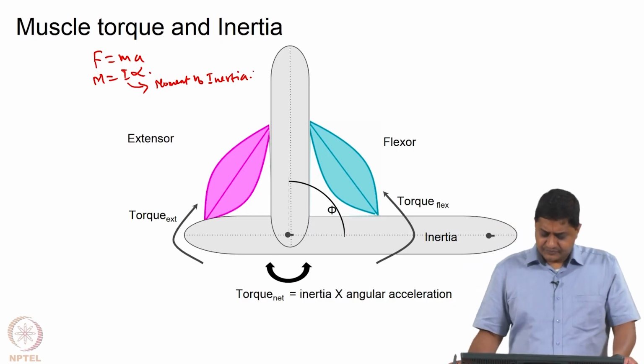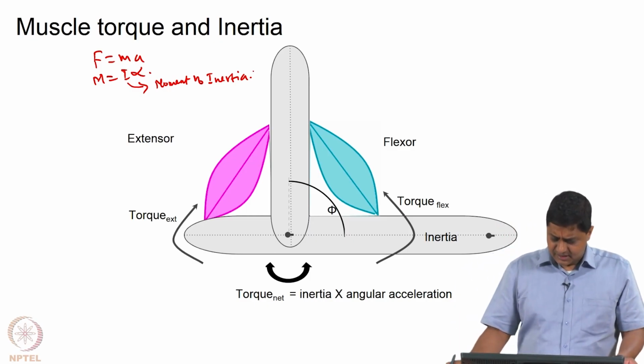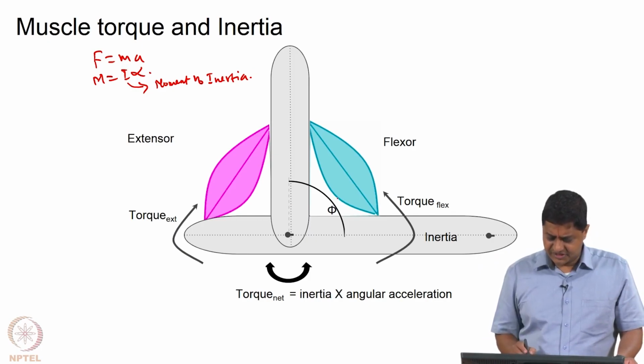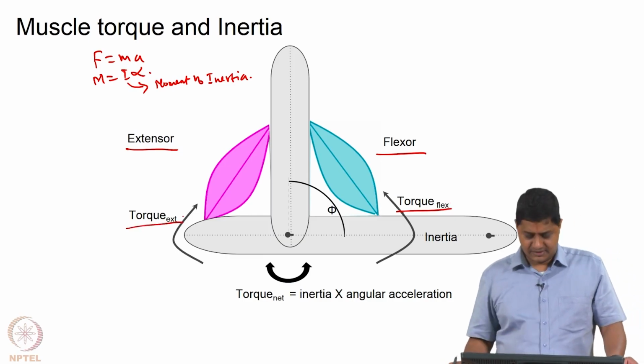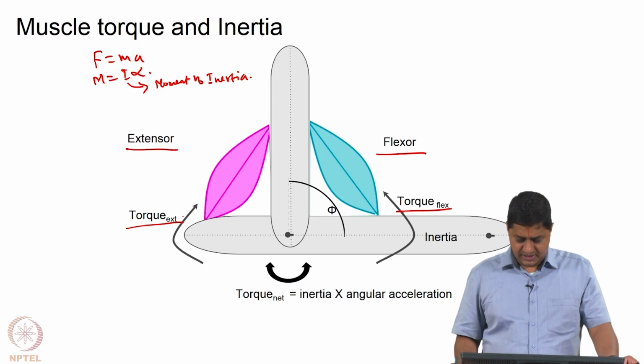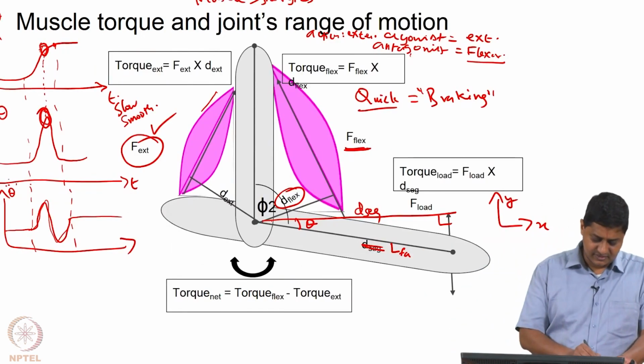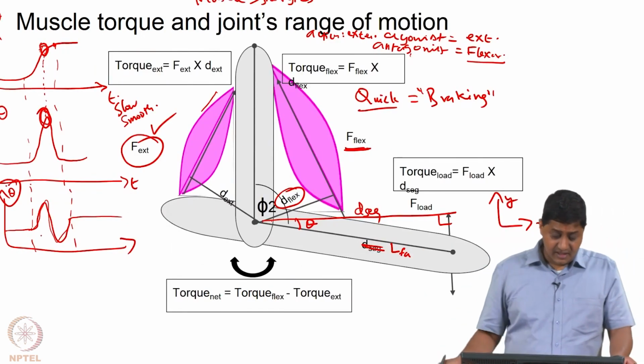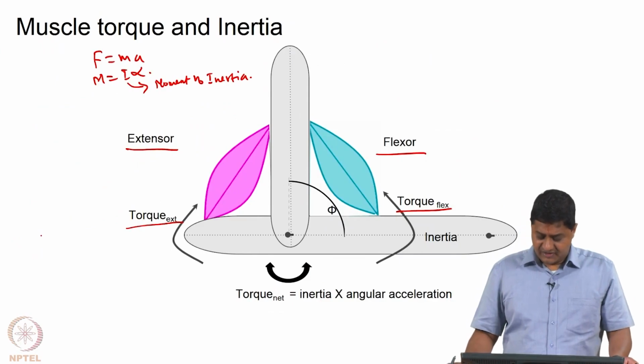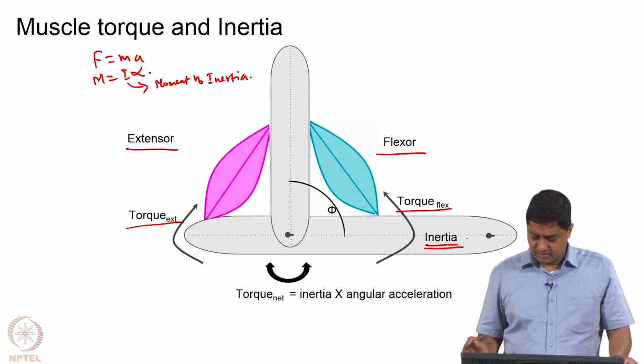Now, let us take the same case of flexion and extension. There is an extensor and a flexor here, the torque produced by the flexor is flexor torque and the extensor torque, right. Essentially the joint angular acceleration that we discussed, that alpha, is influenced or affected to a large extent by the moment of inertia.